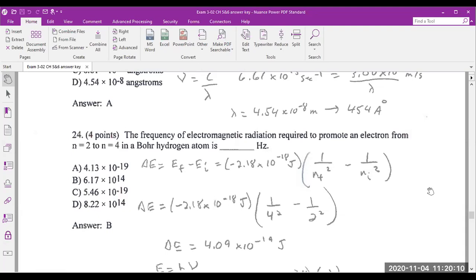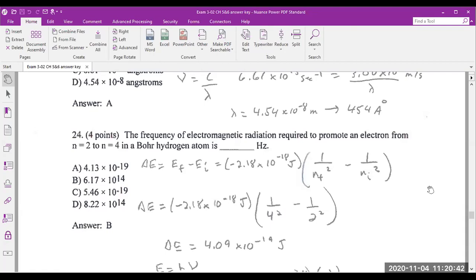So we plug in those final and initial n values. The final was 4, so it's 1 over 4 squared. The initial was 2, so that's 1 over 2 squared. And then that is times the constant, the minus 2.18 times 10 to the minus 18 joules. If we do that correctly, we get a delta E value of 4.09 times 10 to the minus 19th.